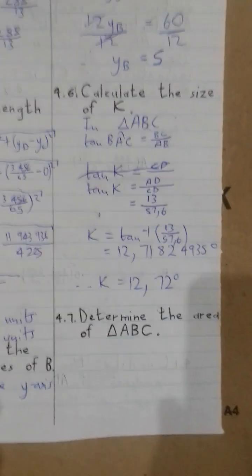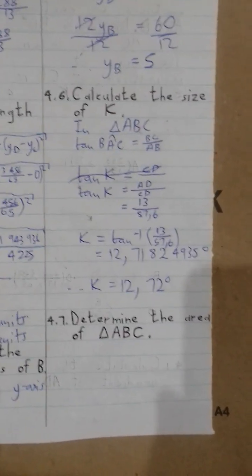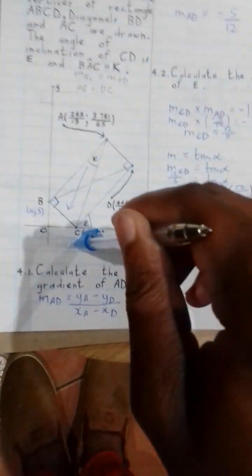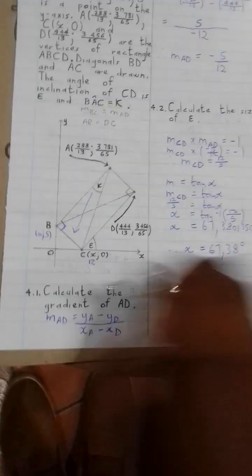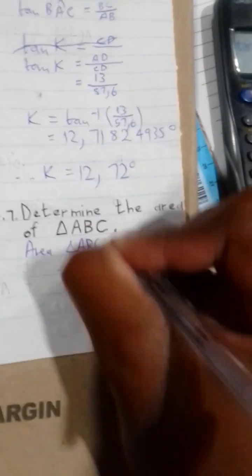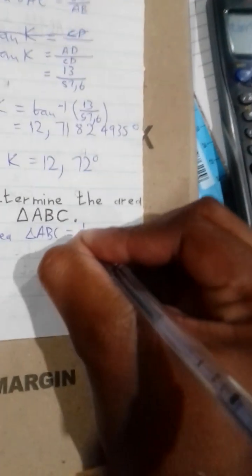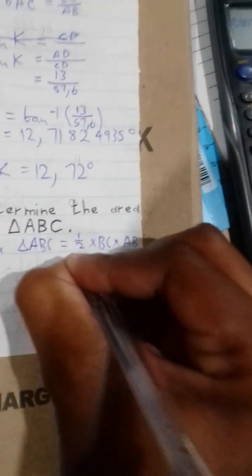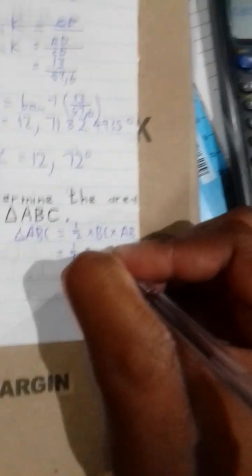I know that was a bit confusing, it's just me with the sides. 4.7 states, determine the area of triangle ABC. The area of triangle ABC is half AB times BC. What is BC?